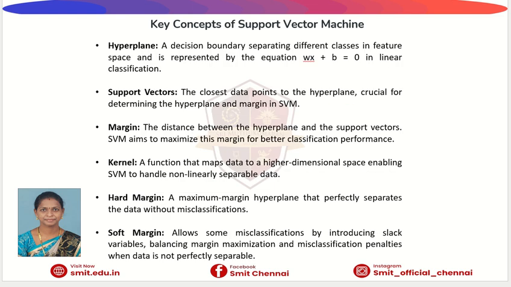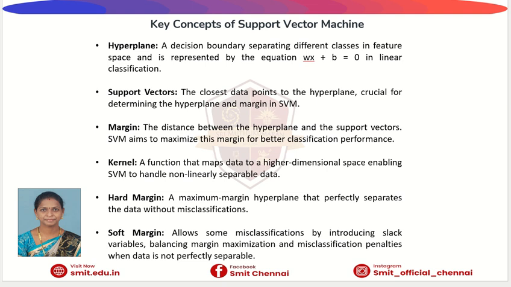Next, key concepts of support vector machine. Hyperplane, the line in 2D or plane that divides the data. Support vectors, these are the heroes of the algorithm. They are the data points closest to the boundary. If you move them, the boundary moves.